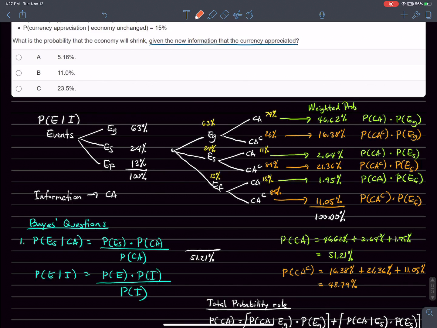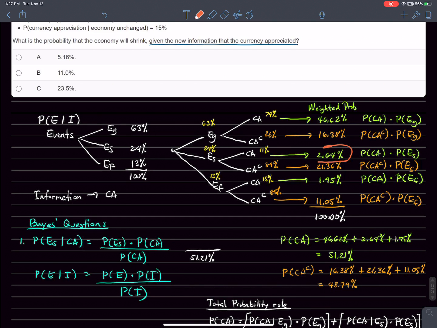Probability of ES multiplied by CA, so probability of ES times probability of CA will be how much? 2.64, right?